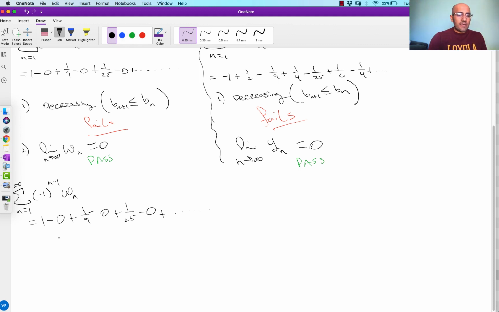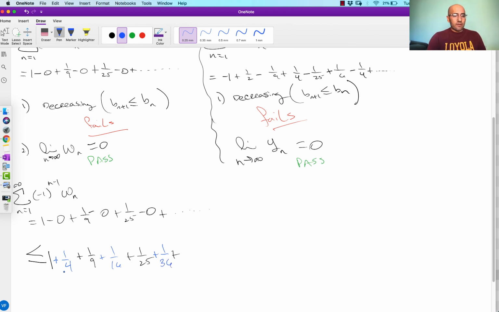I think it's pretty easy to convince people that whatever this sum is going to be, it is less than or equal to the following sum. 1, keep the positives, 1/9 plus 1/25 plus, right, keep all the positives, and then all of the minus zeros, the minus 0 isn't really doing anything, so I can easily replace it with 1/4, and then this one replace it with 1/16, good, and then this one replace it with 1/36.